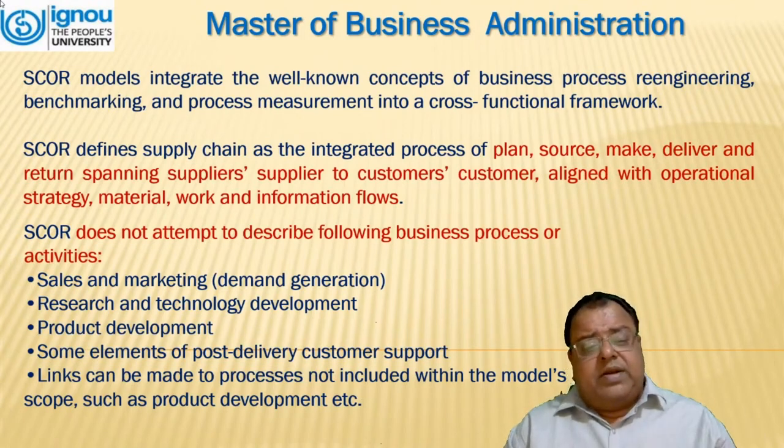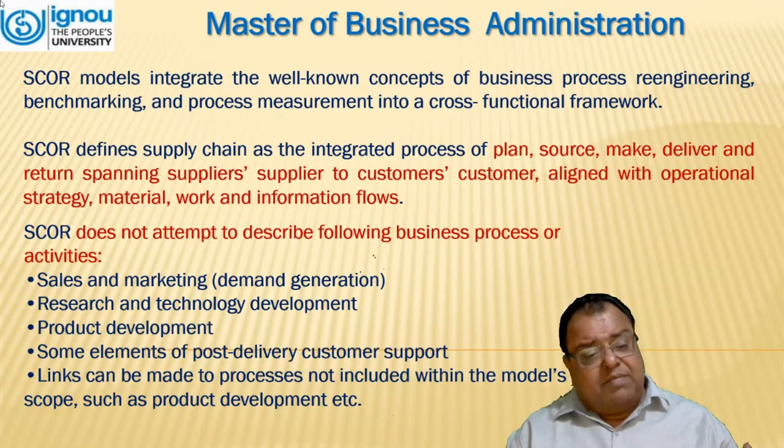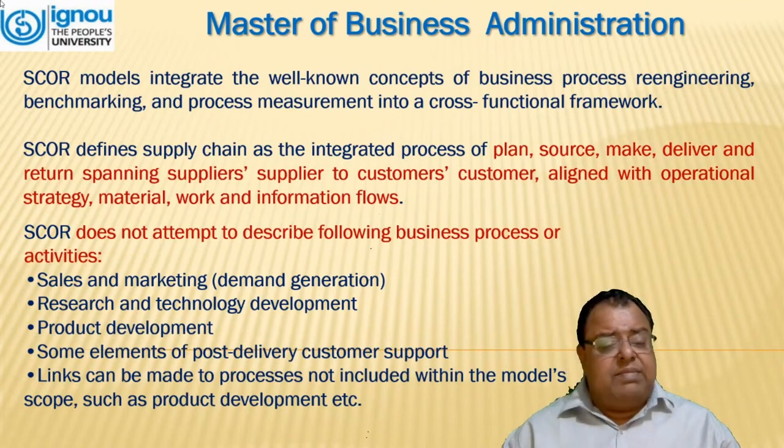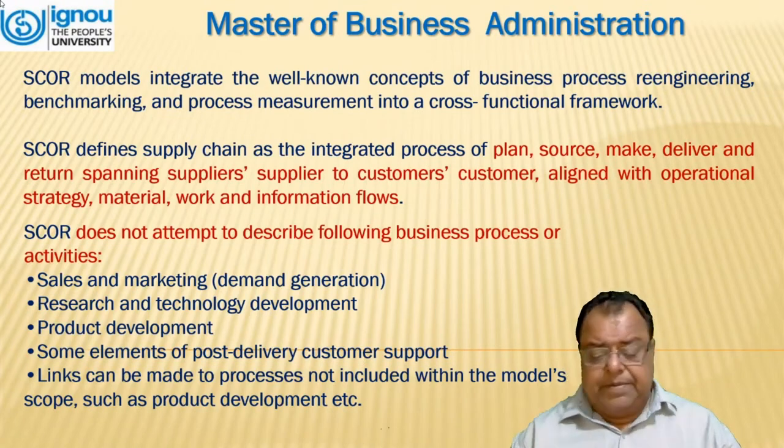SCOR does not attempt to describe the following business processes or activities: sales and marketing, research and technology development, product development, some elements of post-delivery customer support, and links can be made to processes not included within the model scope, such as product development, etc.